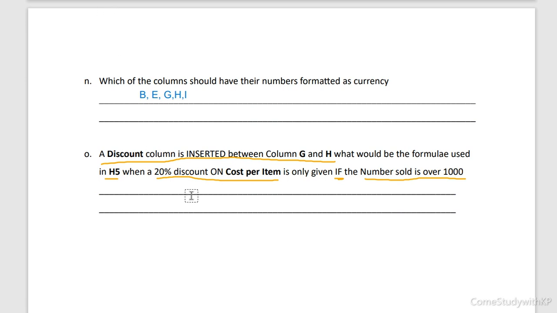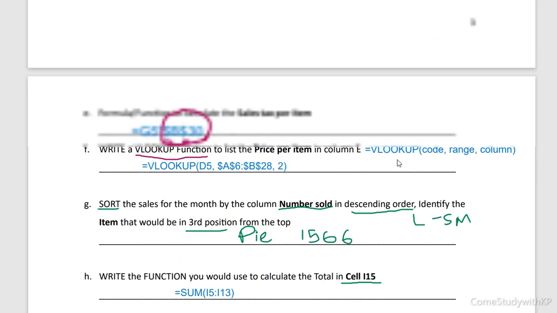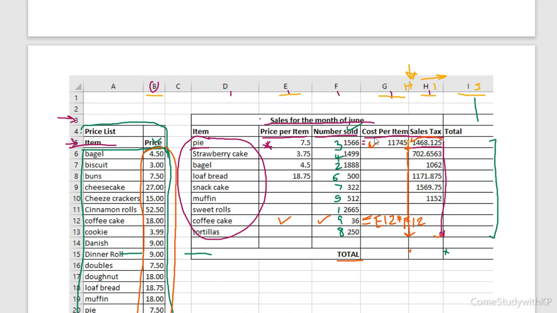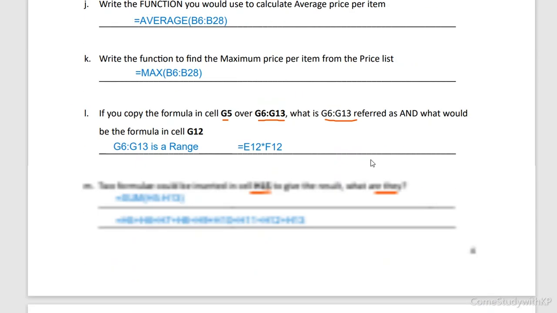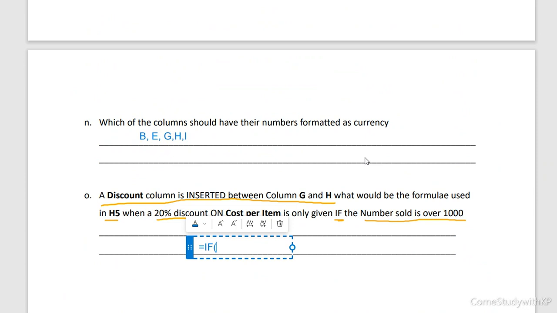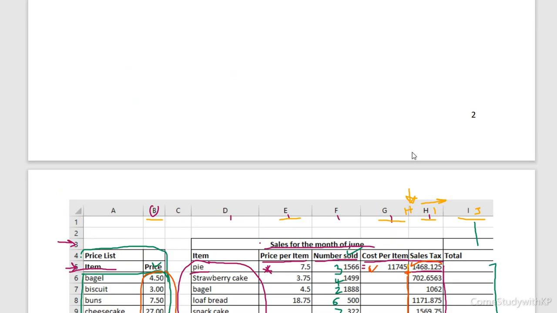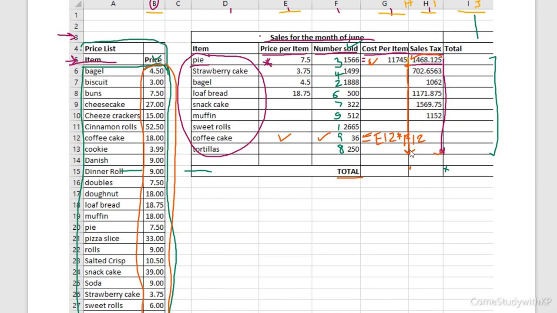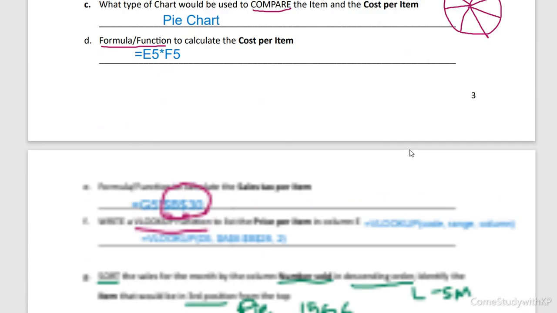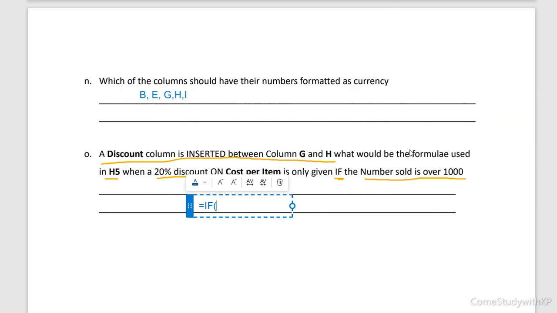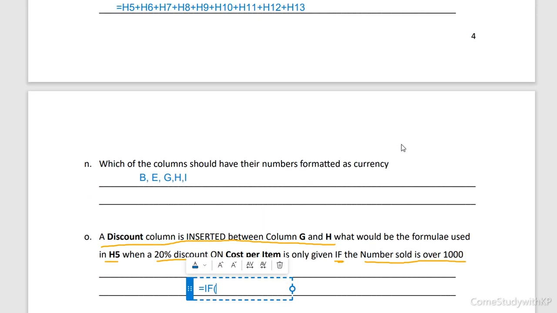So we know we're doing an if, right? Where is cost per item? Cost per item is in G5, right? So we said that we want to know if the number sold, where the condition would be number sold.